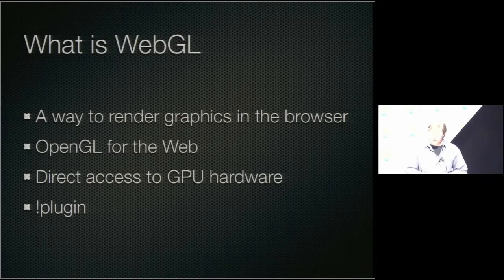But it's a way to render 3D graphics in your browser using hardware acceleration. It is basically a version of OpenGL for the web with a JavaScript API for accessing the OpenGL API. And through that OpenGL layer, it gives you direct access to the power of the GPU hardware, the graphics processing units in modern computers.